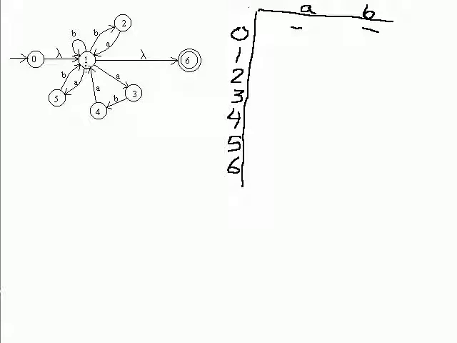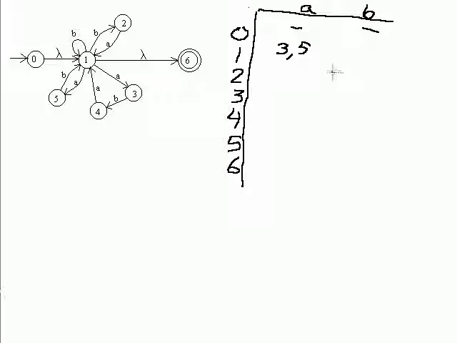There are 2 transitions out of 1. 1 goes to 5 and 1 goes to 3 for the letter A. And so we put both of those in this table. This is a table whose contents are sets of states. And so we have 3 and 5. And I normally put them in numerical order just to make sure that I'm consistent in how I write things here.